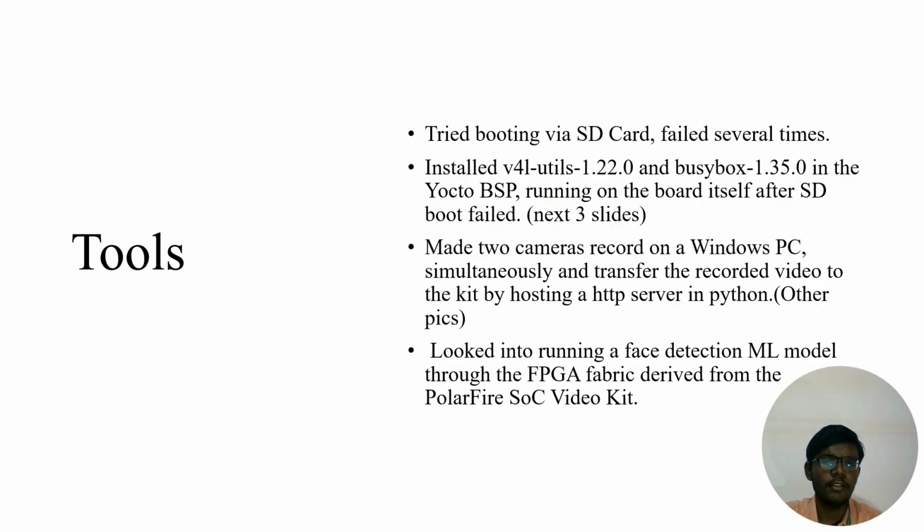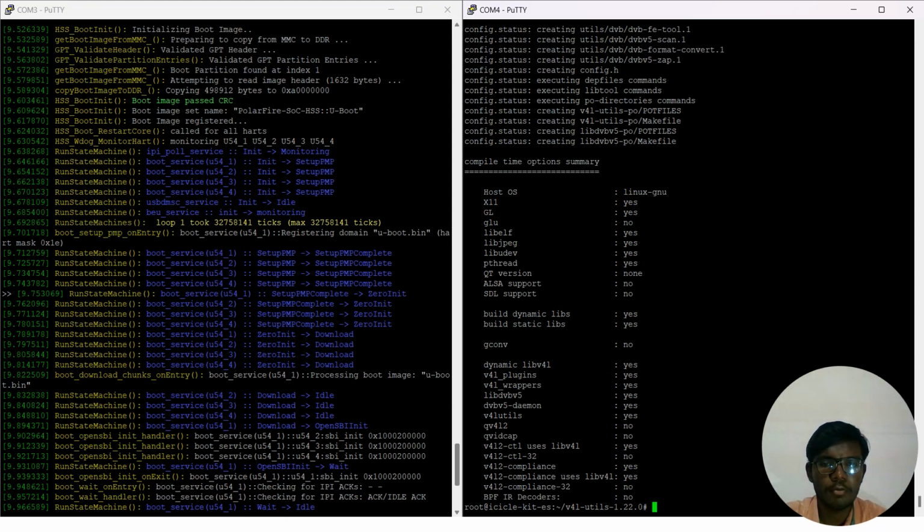And then we made two cameras record on a Windows PC simultaneously and transfer the recorded video to the kit by hosting an HTTP server. So this was our first run where we installed various packages. As you can see here, we got the V4L utilities installed with a few drivers, qv4l2 and other v4l2-ctl tools, and libv4l.